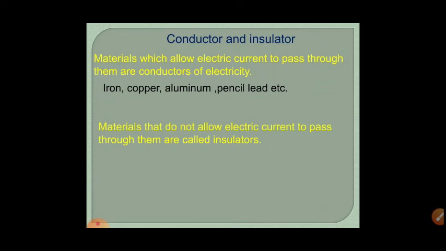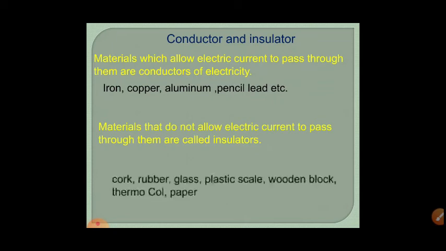It is a very good insulator. Insulator means which will not allow electric current to pass through them. These are like cork, rubber, glass, plastic, wooden block, thermocol, paper. These are very good insulators of electricity.